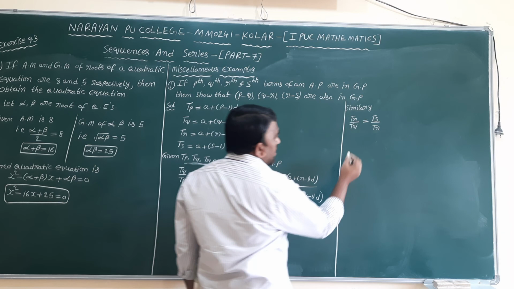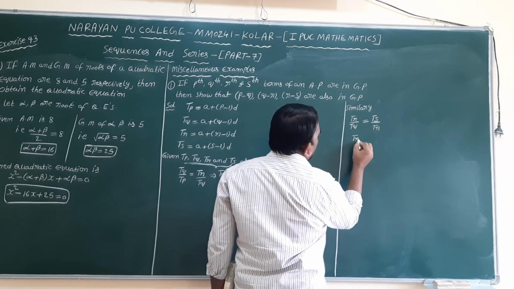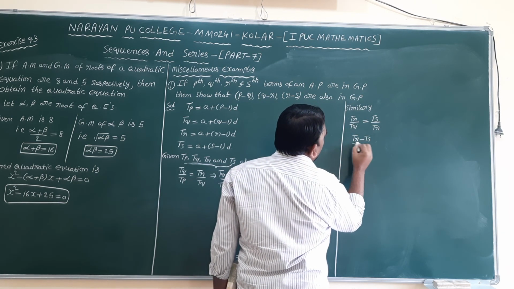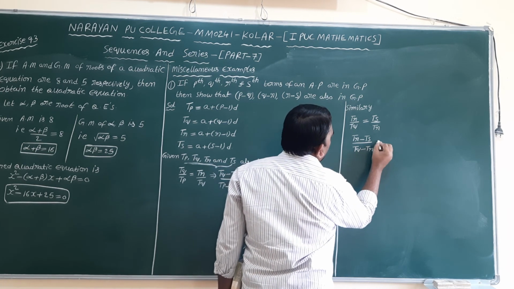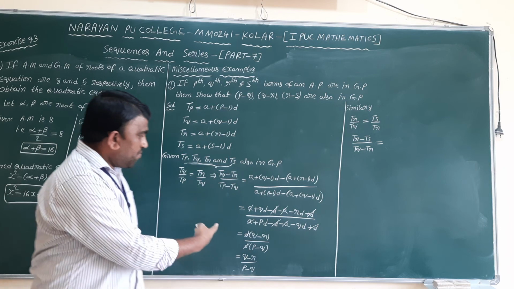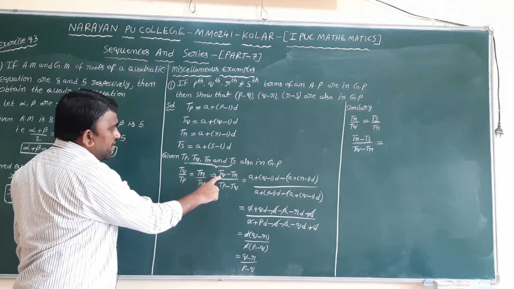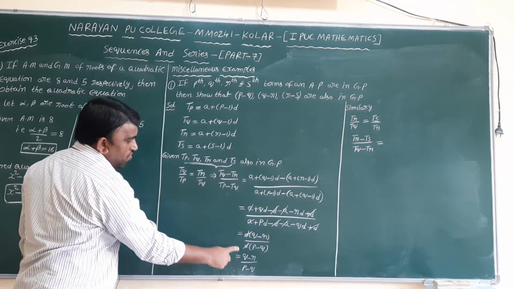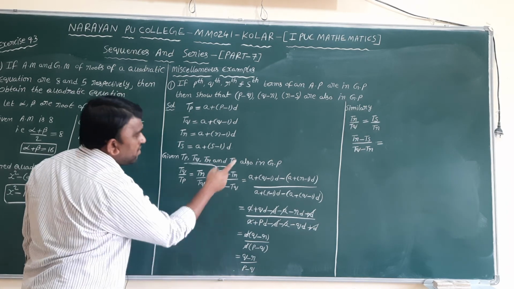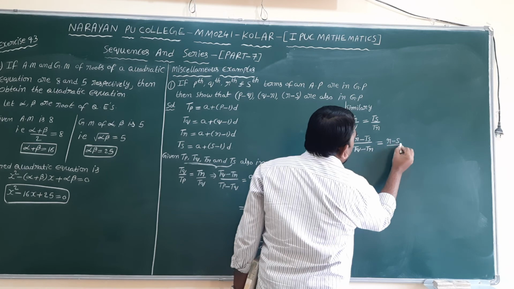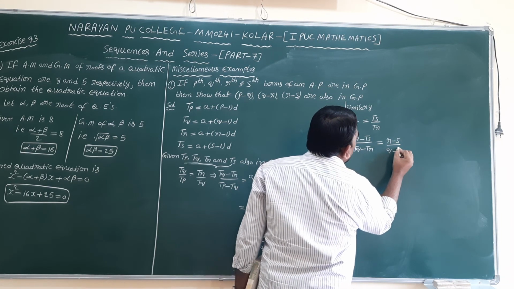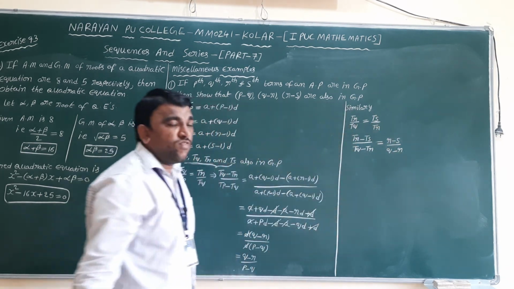We can prove in the same manner. Tr minus Ts divided by Tq minus Tr will lead directly. Similarly the same proof you can follow. So whenever Tq minus Tr by Tp minus Tq, we got q minus r by p minus q. In the same manner, r minus s divided by q minus r we will get. Similarly the same proof we can do.